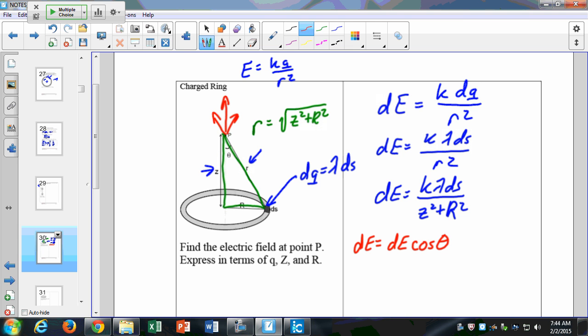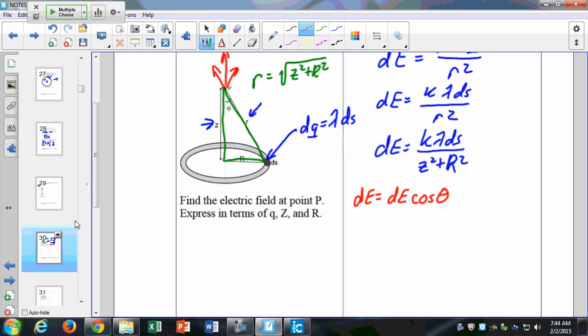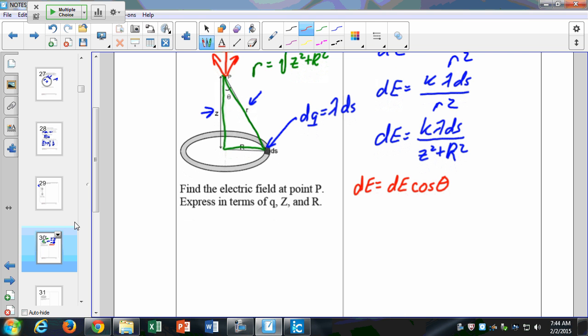Okay, so we know that the definition of cosine theta is z over r. Right, that's adjacent over hypotenuse, which we can also write as z over z squared plus R squared to the 1/2.